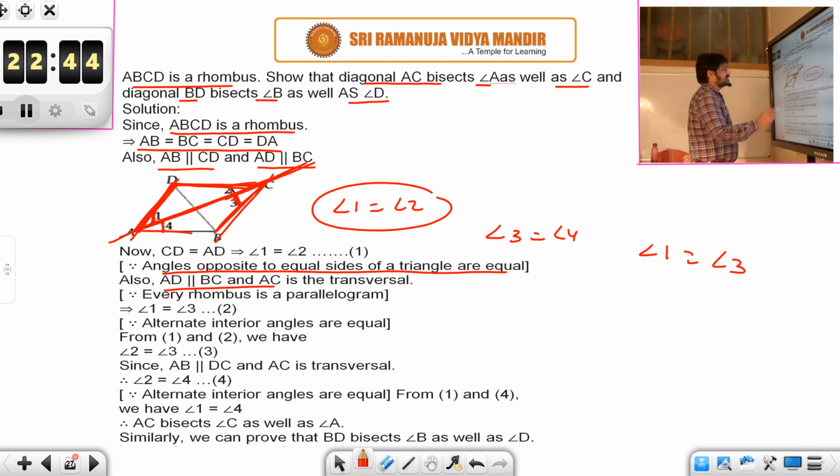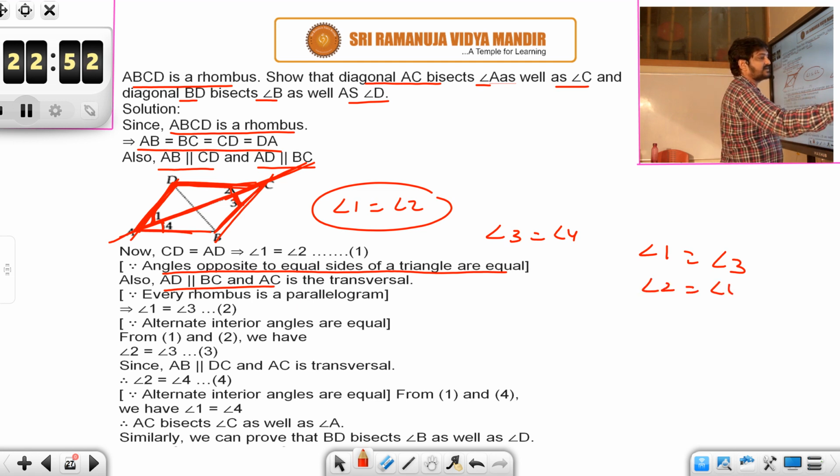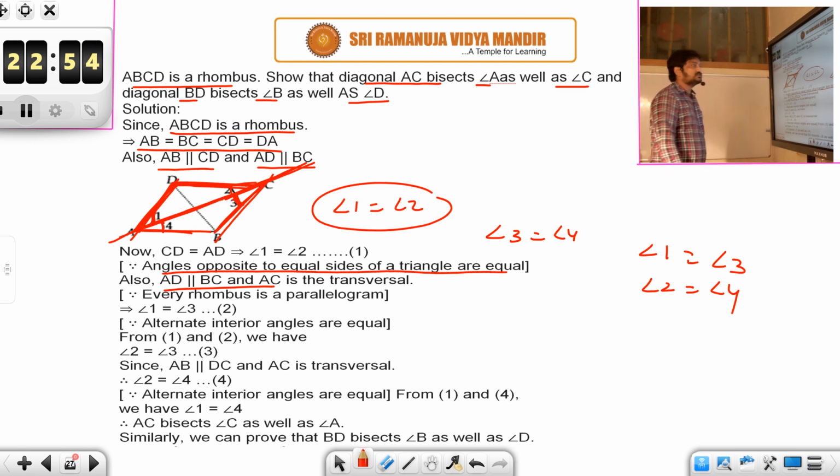Similarly, if you consider DC and AB as parallel lines, then 2 and 4 form an alternate angle pair. Okay students, they form an alternate angle pair, isn't it? So what we could conclude is angle 1 is equal to angle 3, and angle 2 is equal to angle 3.